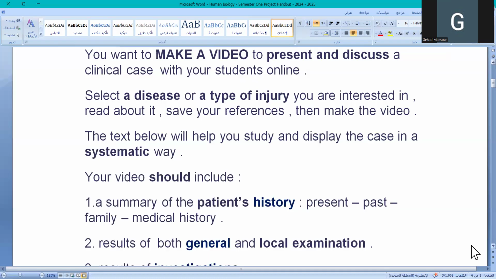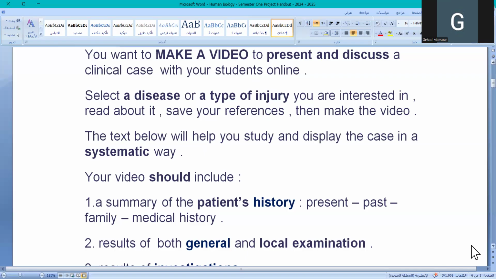For example, if you have a muscle bruise or a muscle laceration or an anterior horn of the medial meniscus that's torn, or the anterior or posterior cruciate ligament. So you might include pictures, and you might also include very short videos if needed, or very short animations.